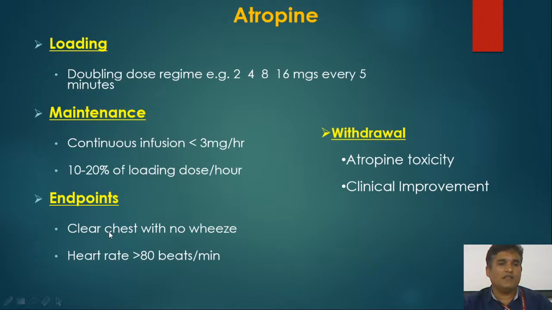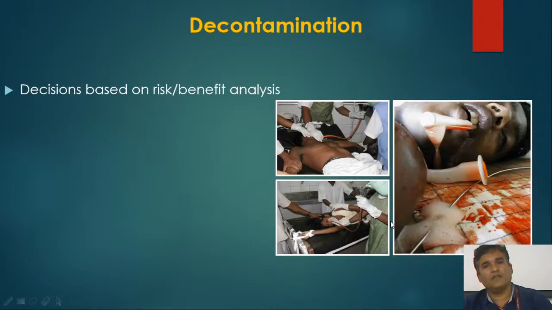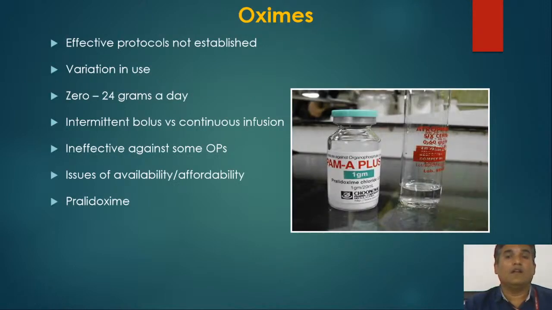The end points are when the breathing problem disappears and heart rate is optimum, more than 80 beats per minute; then we can stop. If toxicity is there, we can use further measures. The oximes are the drugs basically used for organophosphate poisoning.